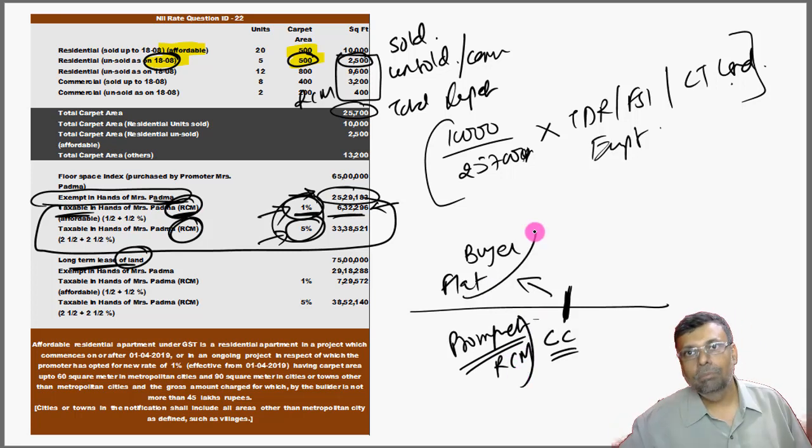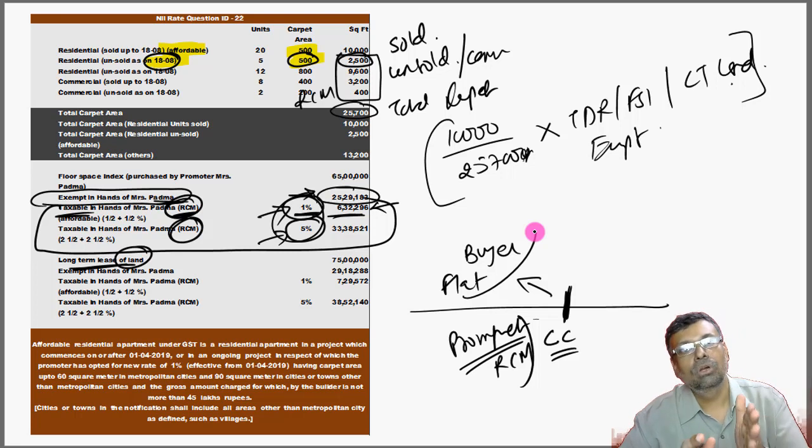So on the completion of a project, the government will take the entire project's GST, but to the extent of the sold flats, it has already come from the pocket of the flat buyer. The flat buyer pays that much GST. And on the unsold flats, or on the commercial units, on an RCM basis, the promoter, that means the developer, will have to pay.